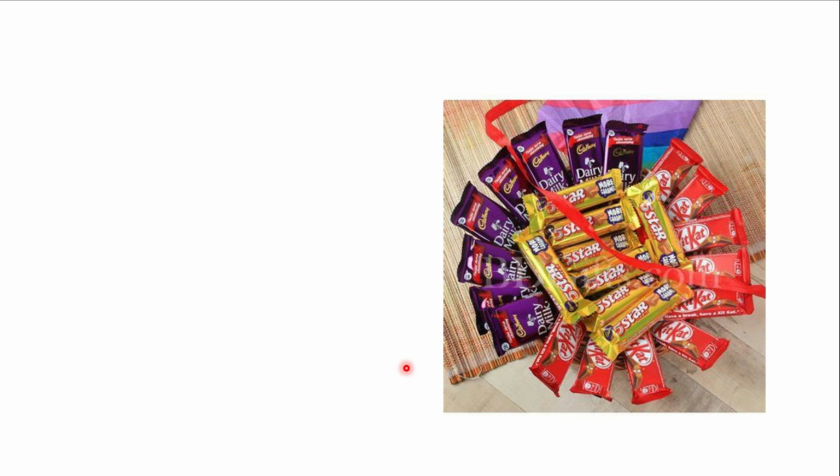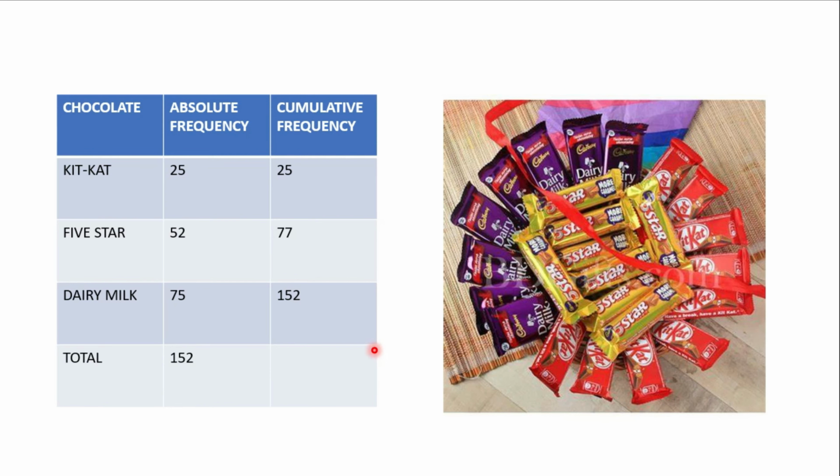So I want to take 77 chocolates. Should I count? No. With the help of cumulative frequency, we can find out. Let's add. First I have Kit Kat, 25 Kit Kats. So 25. Then next I have 52 5-stars. 25 plus 52 is 77.